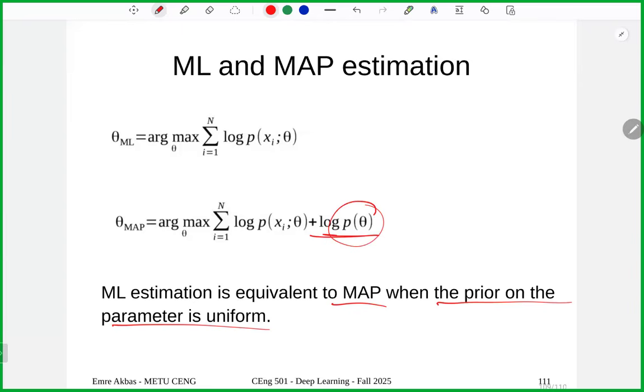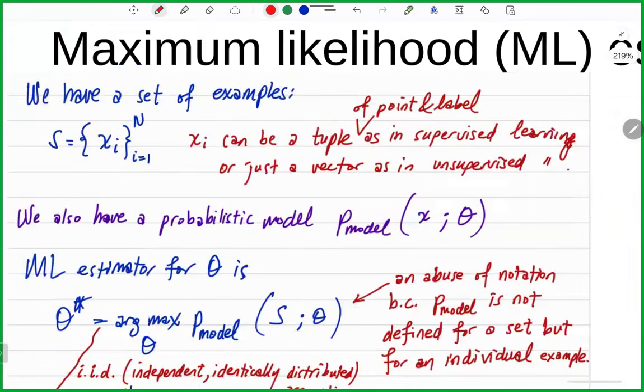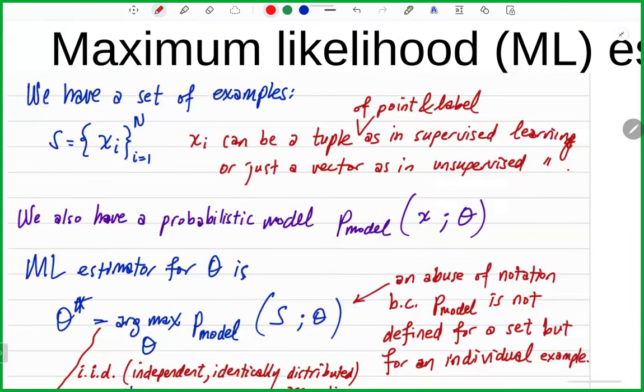Okay. Yes. Is maximum likelihood about one of the discriminative? No, it's not. Here I said you start with a set of examples, but this can be only data examples with no labels, or these can also be tuples of x and y's.